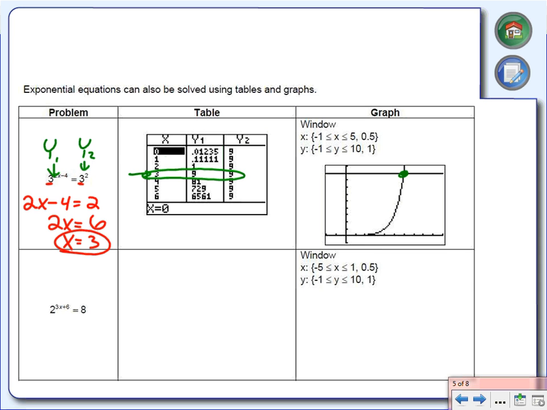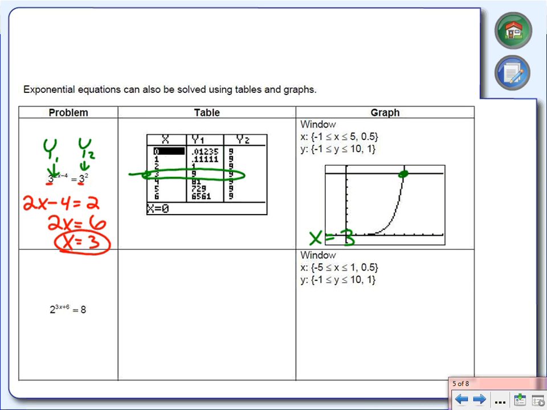Second trace, number 5, intersection. Just remember you're going to have to hit enter 3 times. Enter, enter, enter. It'll find that point of intersection. And down at the bottom of the screen, what's the x value you see? 3.